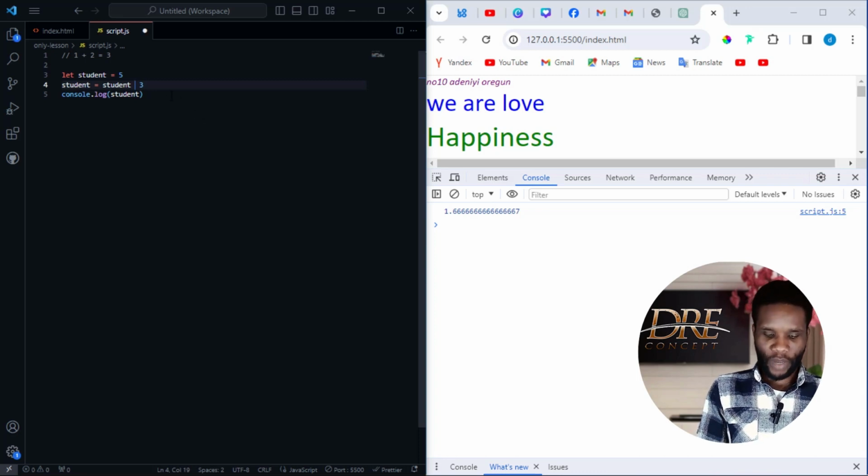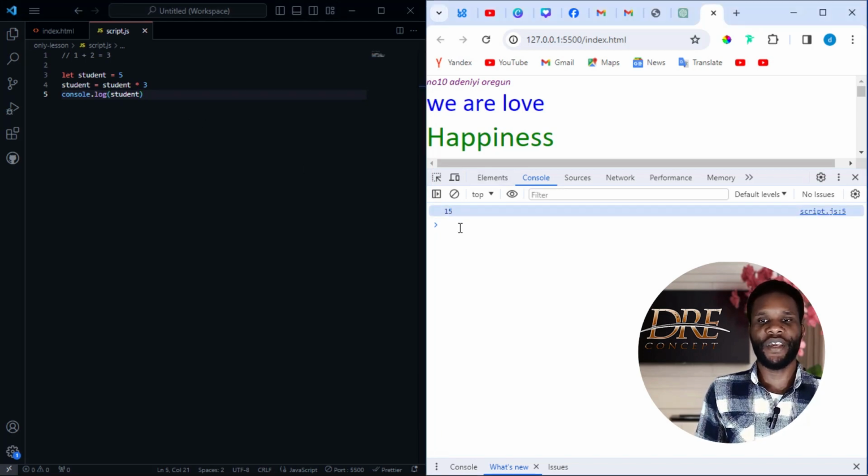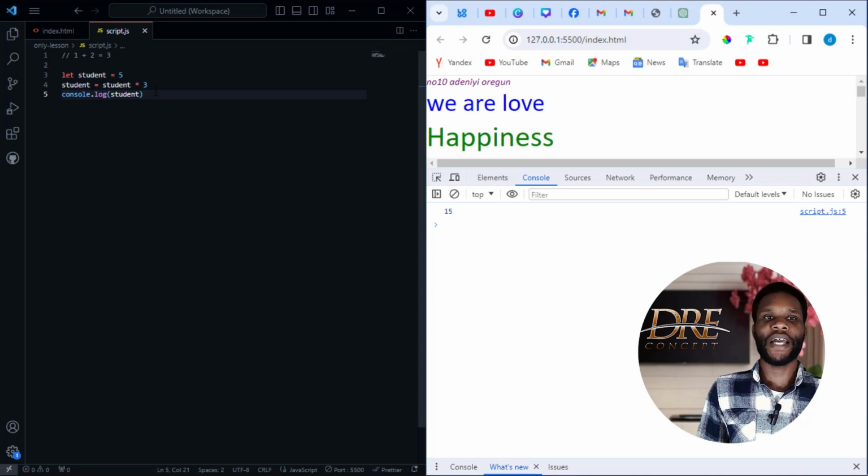So what about multiplication? This is the multiplication sign here. So let's see that. It says 15. We have 15 here, which is 5 multiplied by 3, which is 15.